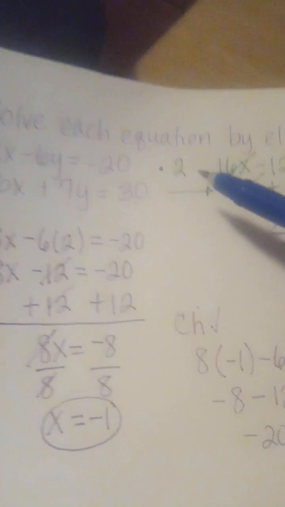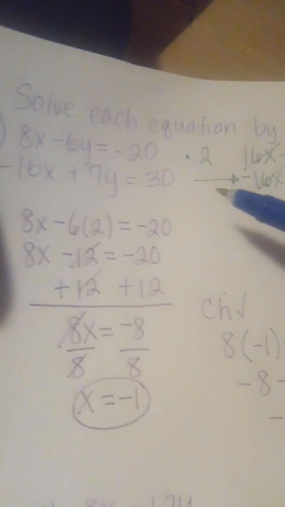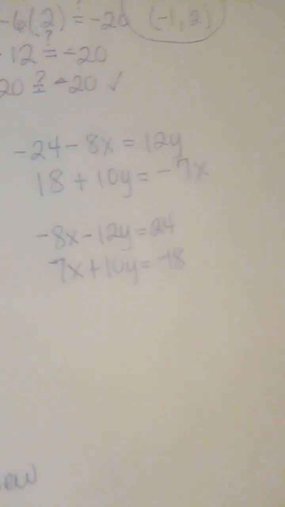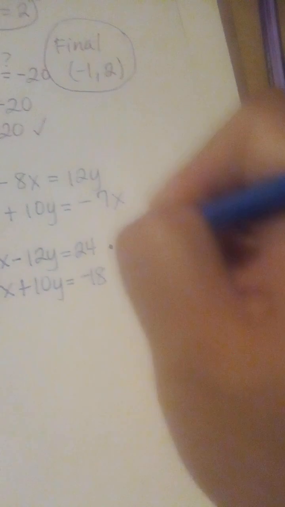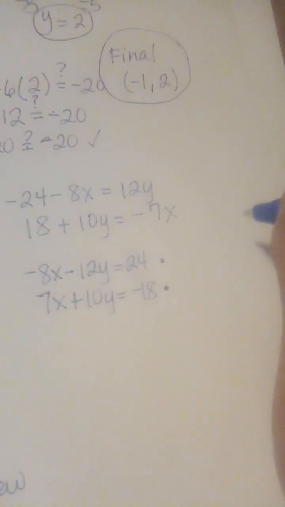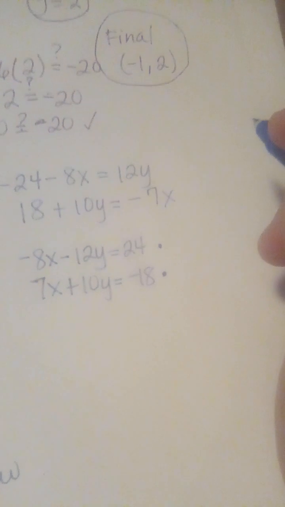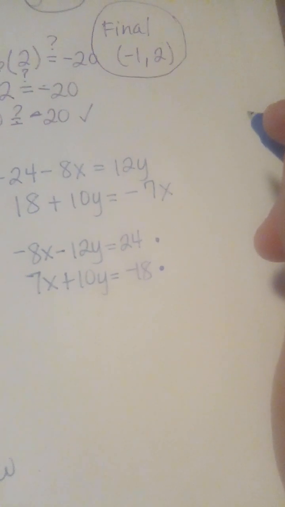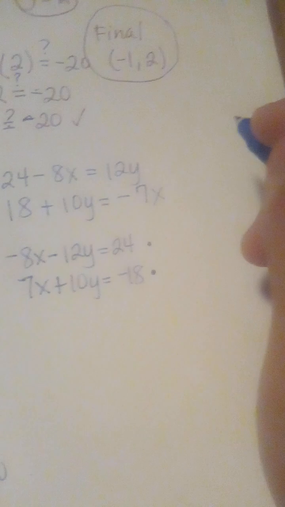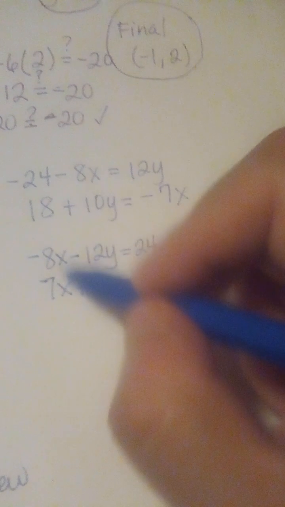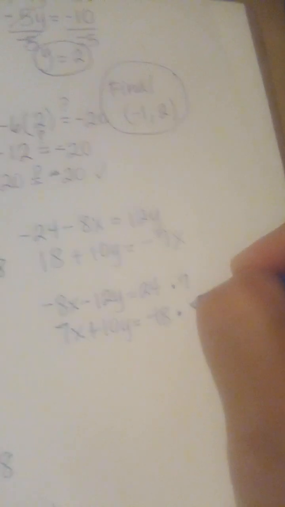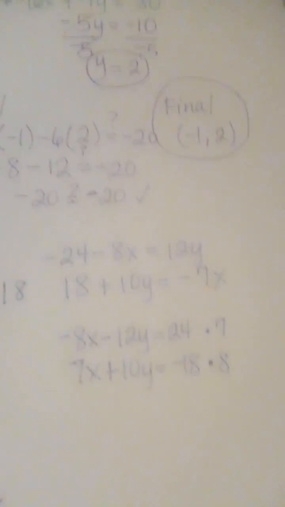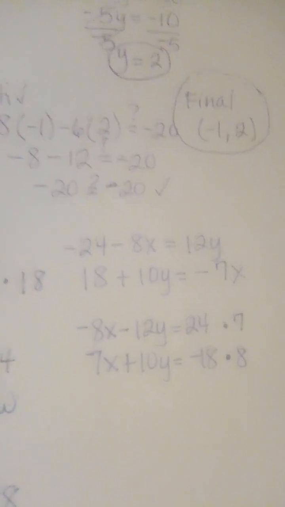In the last system of equations, we multiplied by 2. In this instance, I see we can multiply by two different numbers. We can multiply, but let's do the x's. We can multiply by 7 here in the first row. In the second row, we could do the 8. All right? Let's do the first row.